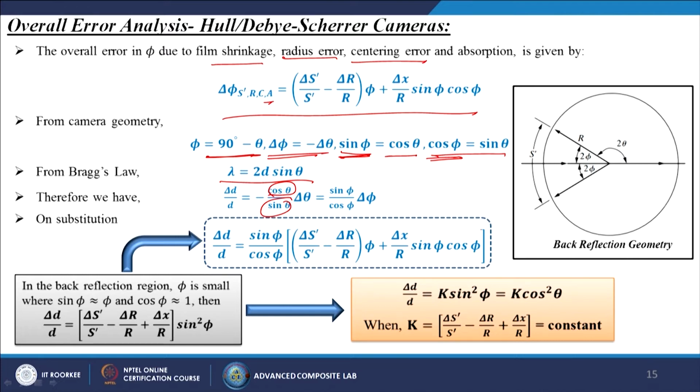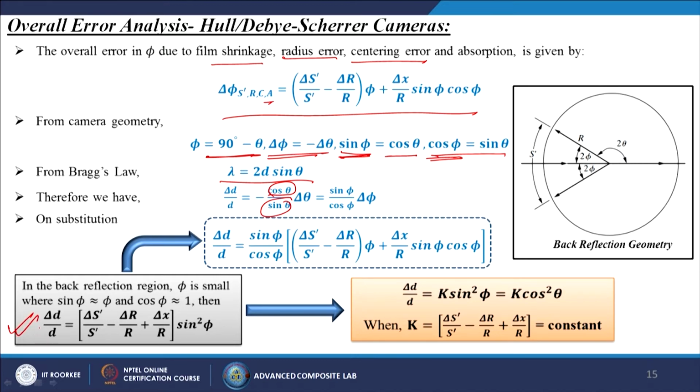In the back reflection region, if phi is small, sin phi is almost equal to phi and cos phi is almost equal to 1, then del d by d will be del s prime by s prime minus del r by r plus del x by r into sin square phi.